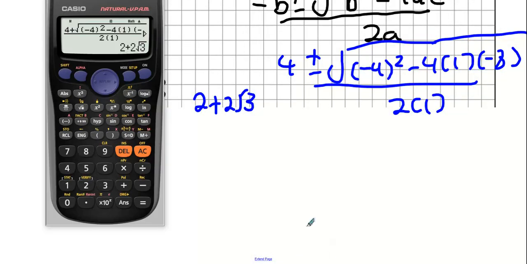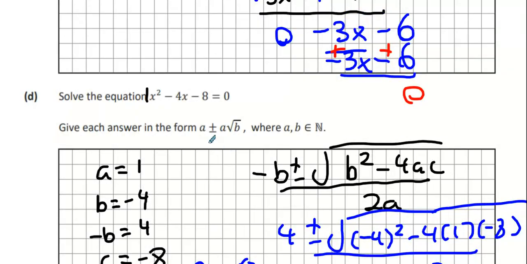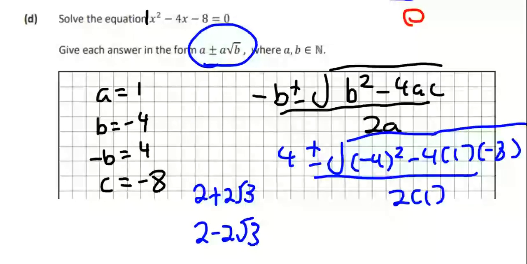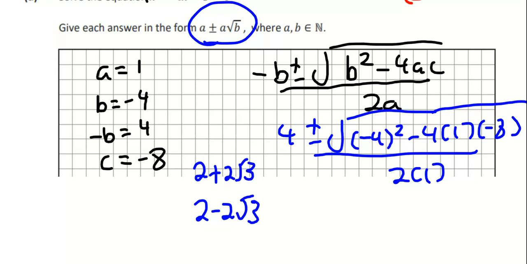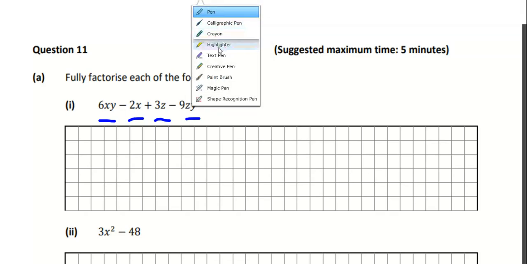Second answer, lads, why am I putting it as a decimal? Why didn't I put it as a decimal answer? Ask for it like this, where a and b are natural numbers. Okay? Now look at this. Do you see the numbers are in the wrong order? You looking, Sean?